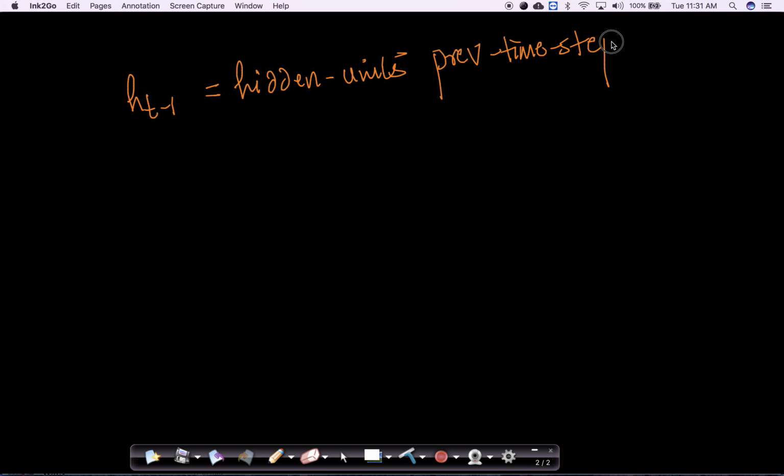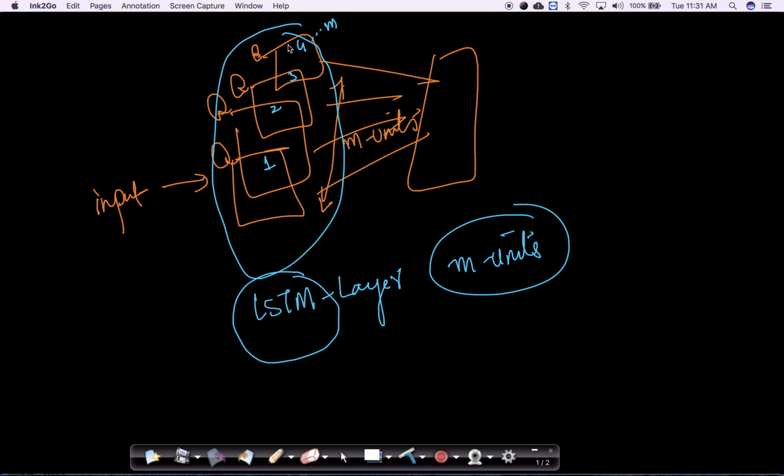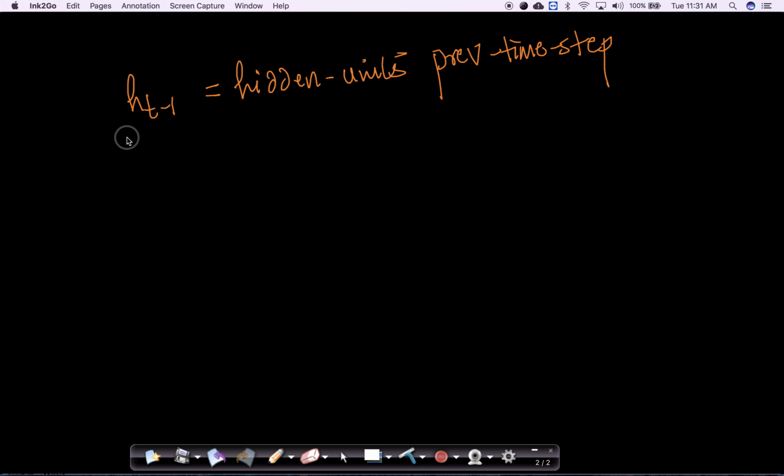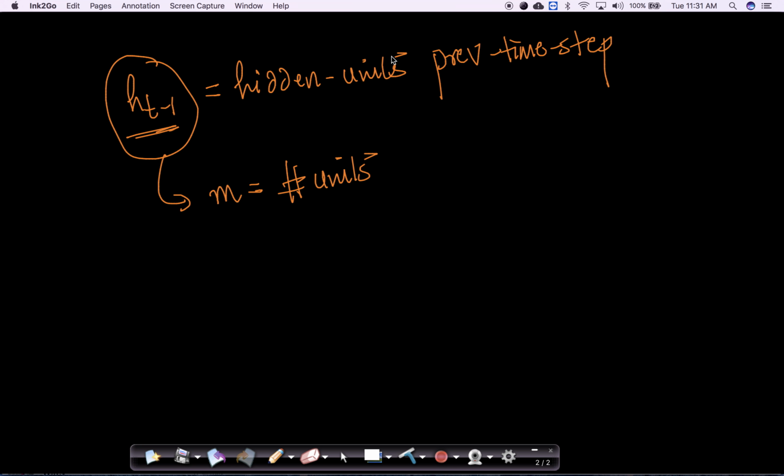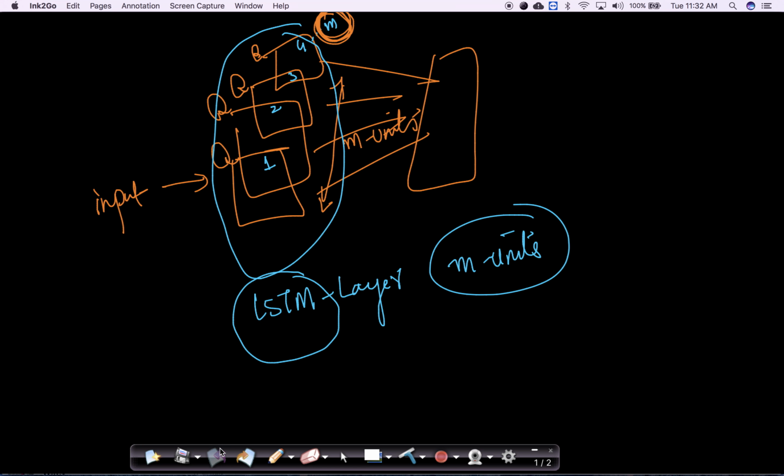If you look at it, our model has M units. So the size of the hidden units from the previous time step would be equal to M, which is nothing but the number of units, because the values of all the hidden units from the previous time step will be input to each of these.